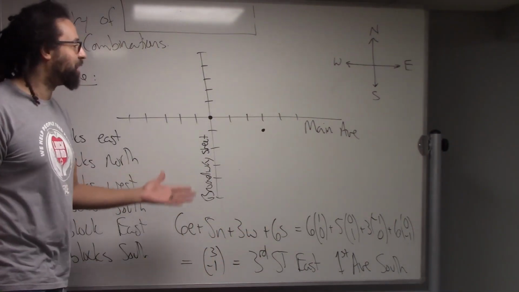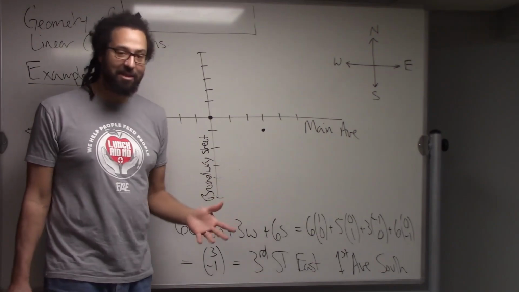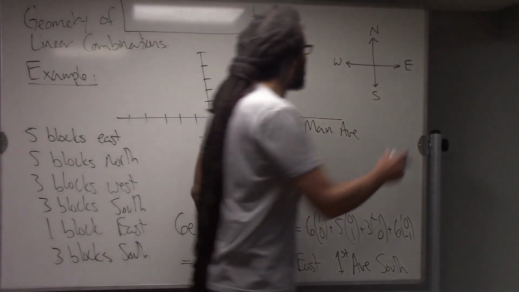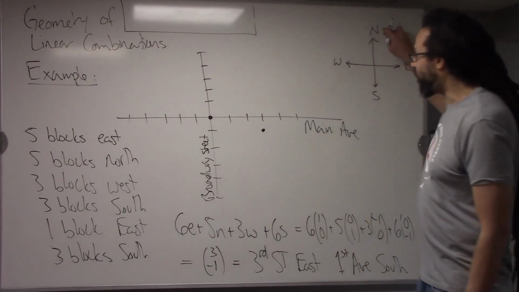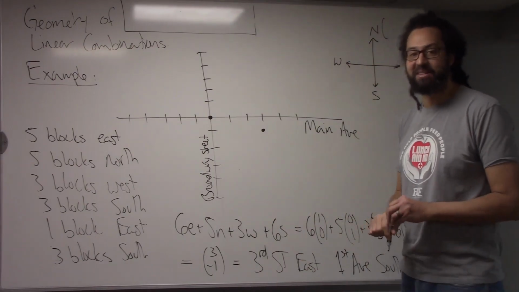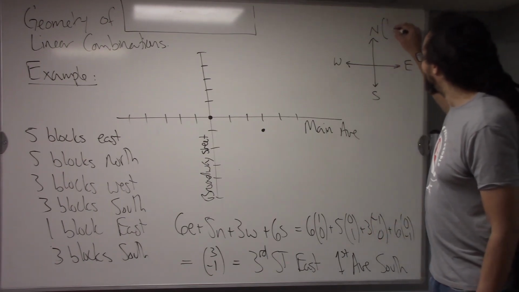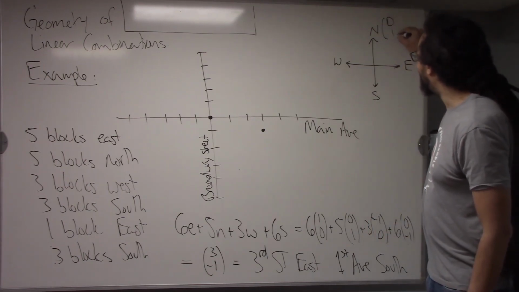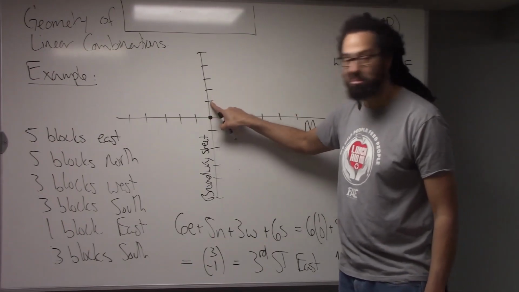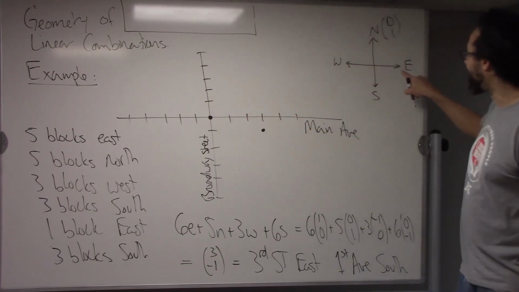So how do we interpret north, south, east, and west in the context of linear algebra? Well, if you think about what it means to go north 1 block, that's this standard basis unit vector 0, 1. So 0, 1, that's 1 block north. And then what should east be?